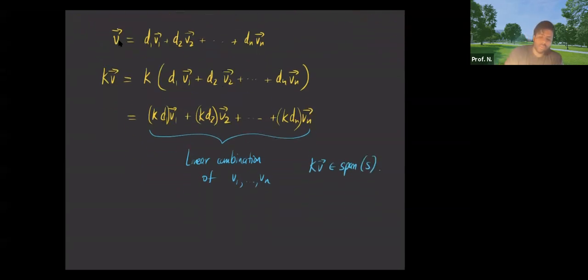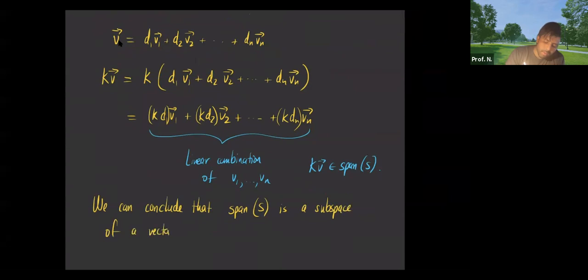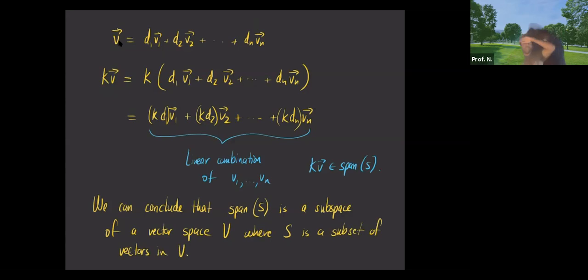Because these three conditions hold, then what do we say? We say we can conclude that the span of S is a subspace of a vector space V where S is a subset of vectors in V. So take any vector space, I don't care what it is, take a subset of those vectors, take a section of it.